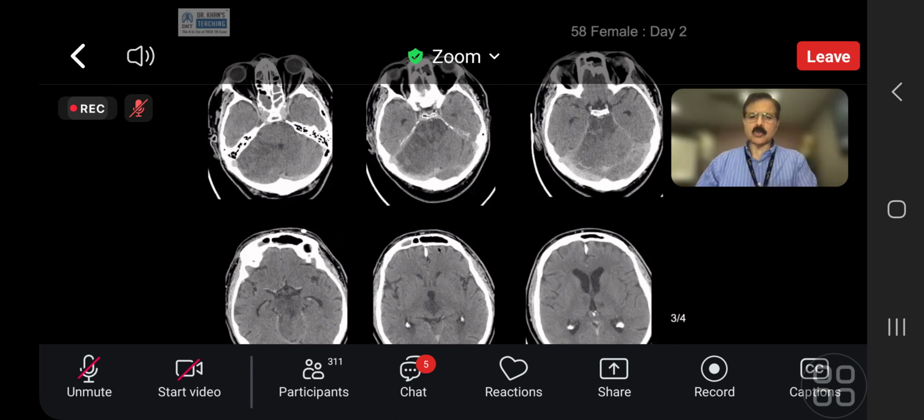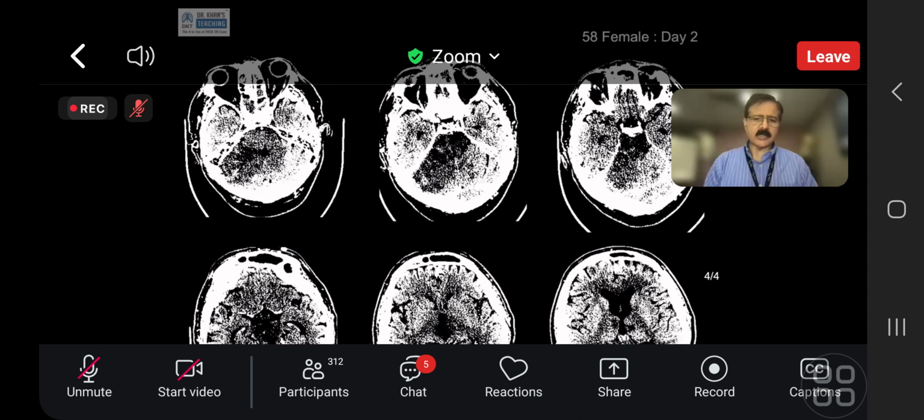Key point about thrombolysis or thrombectomy, you should have clear-cut concepts about this. With intravenous thrombolysis, the first studies which were published in 1995, they proved that you have got a window of 3 hours.